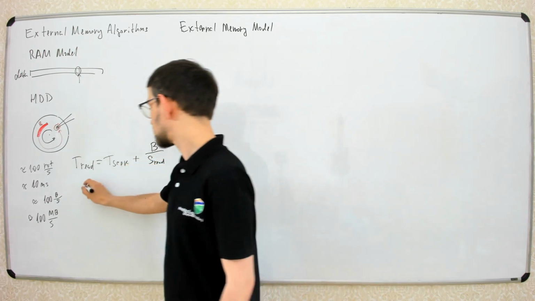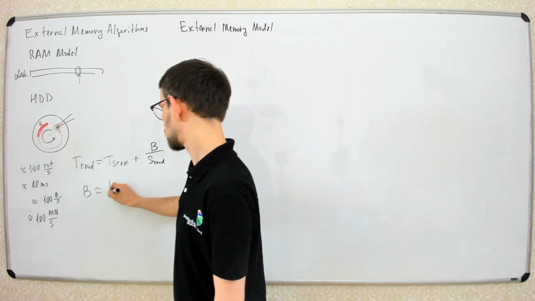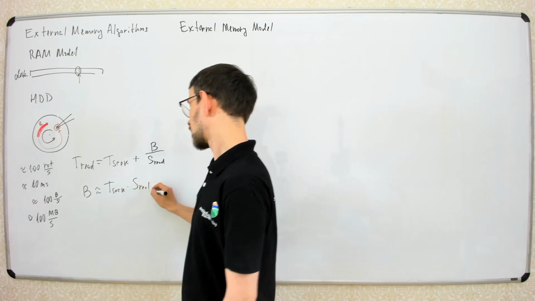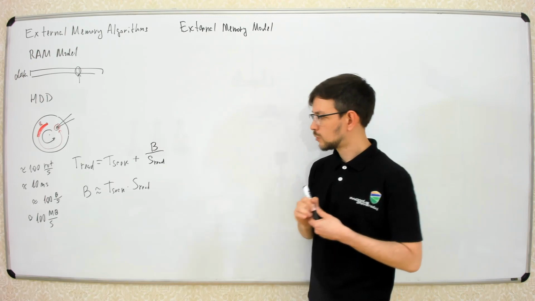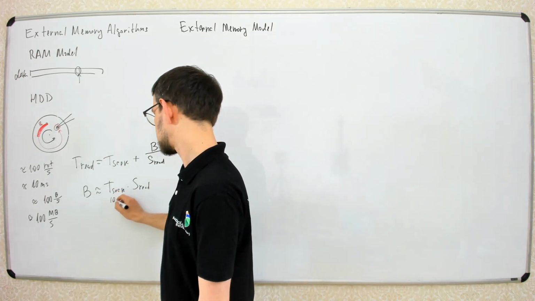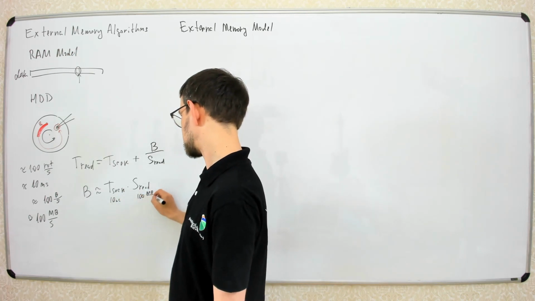So the size of this block should be about the seek time multiplied by the speed. Let's say that the time of seek is about 10 milliseconds and the speed is about 100 megabytes per second.